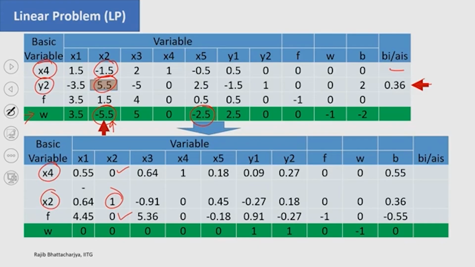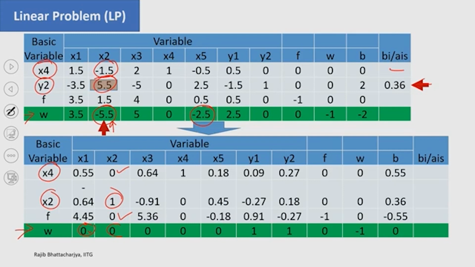So y 1 and y 2 are not there. If you look at the phase 1 objective function, w equal to y 1 plus y 2, there is no negative coefficient; all coefficients are positive. That means you cannot minimize this any further, so you have got the solution of the first phase.